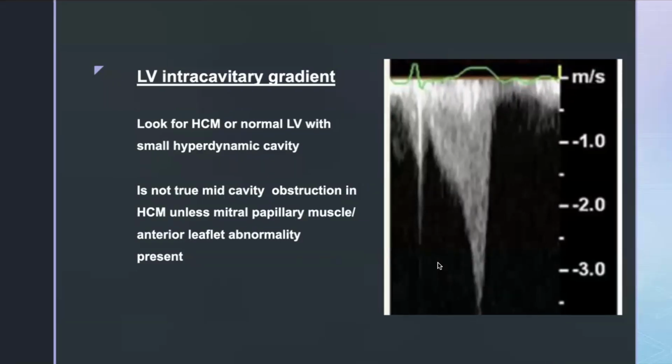The last take-home point is that it's not true midcavitary obstruction in HCM unless the mitral papillary muscle abnormality is present. And so again, you can have a hyperdynamic patient with HCM, but if it's not actually the papillary muscles that are driving that gradient, it's not pathologic.